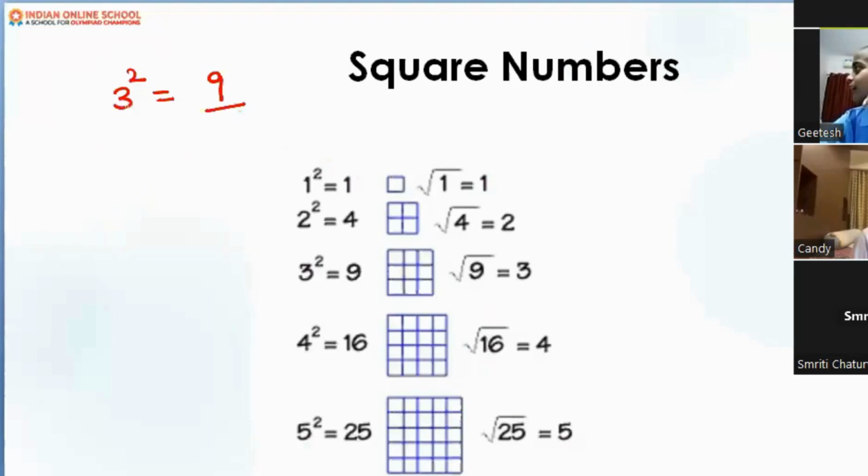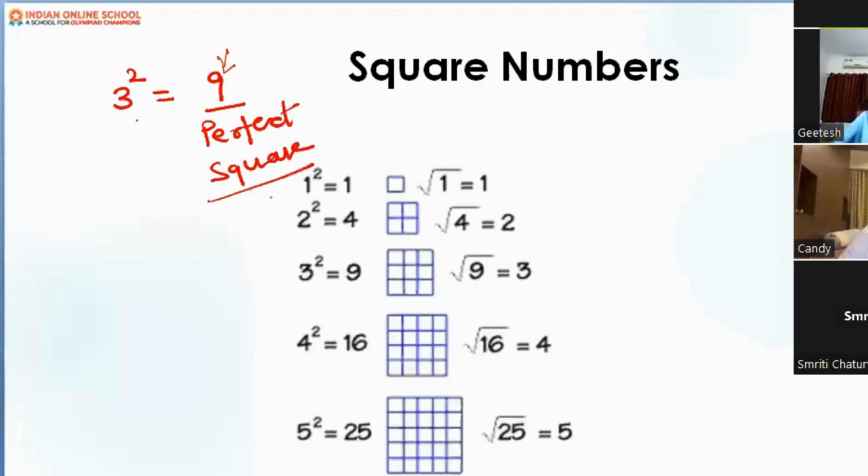The 9 that I get after multiplying 3 by 3 is a perfect square number.